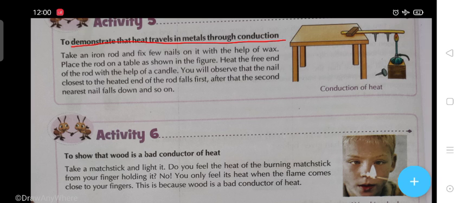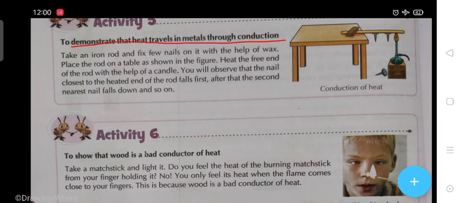Place the rod on a table as shown in the figure. Heat the free end of the rod with the help of a candle. You will observe that the nail closest to the heated end of the rod falls first. After that, the second nearest nail falls down, and so on.